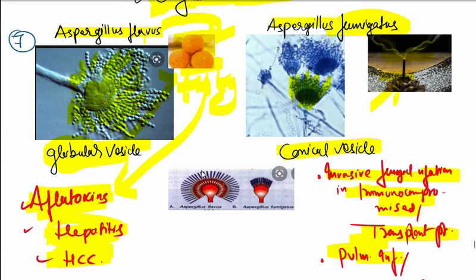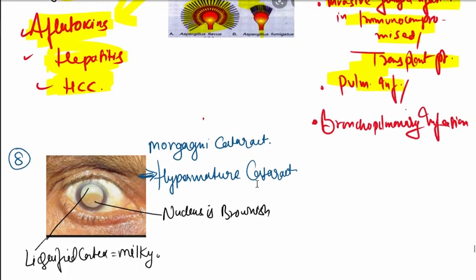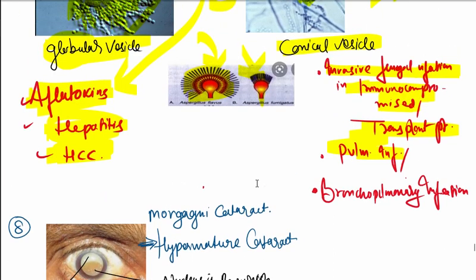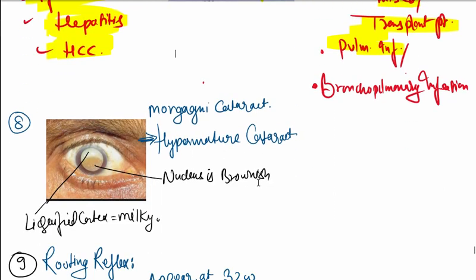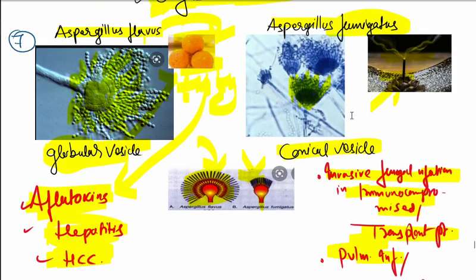Here is the pictorial representation of flavus and fumigatus. Here is the cone, and here is the globular vesicle. Bronchopulmonary infection again in Aspergillus fumigatus.